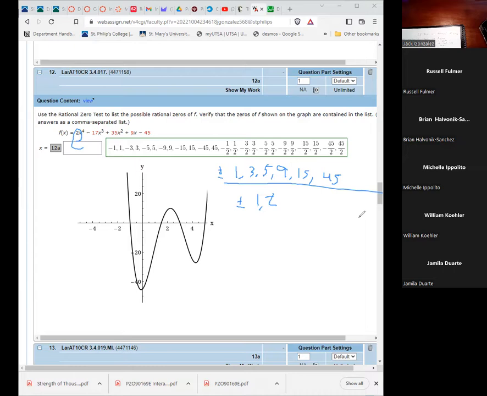Yeah. Can you find the list of possible zeros? Yes.